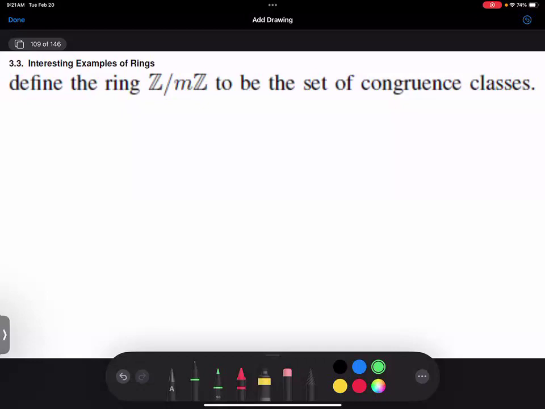So we say x plus y is going to be x plus y mod m, and similarly, x times y is going to be xy mod m. But now we're defining it on the set of congruence classes.